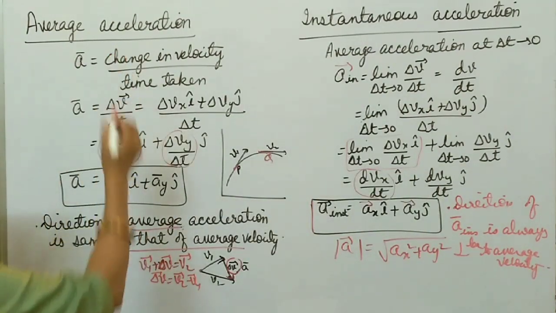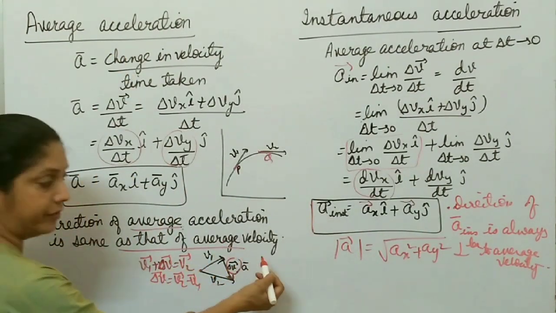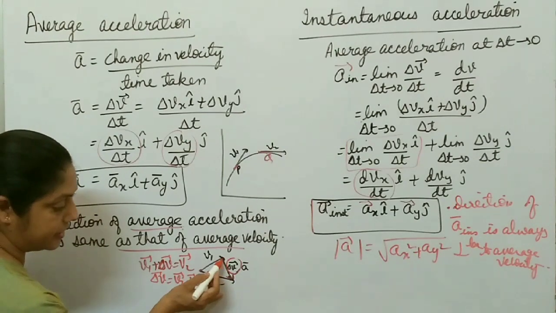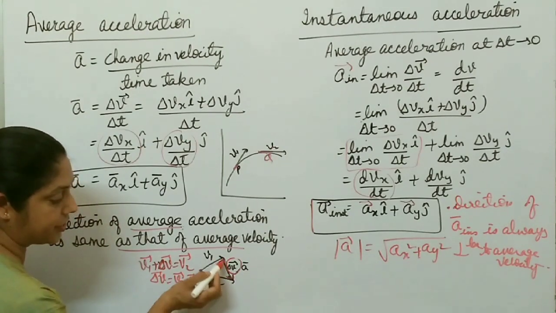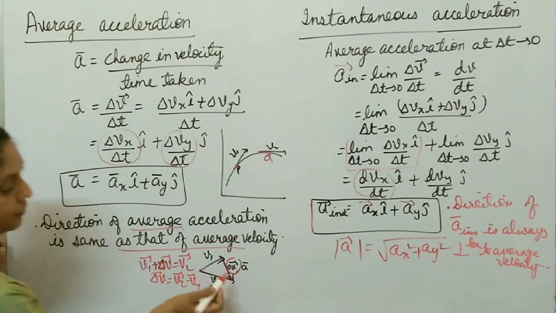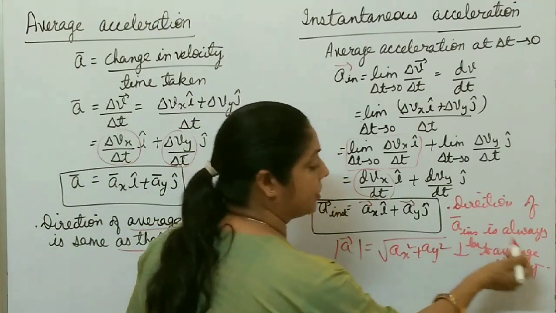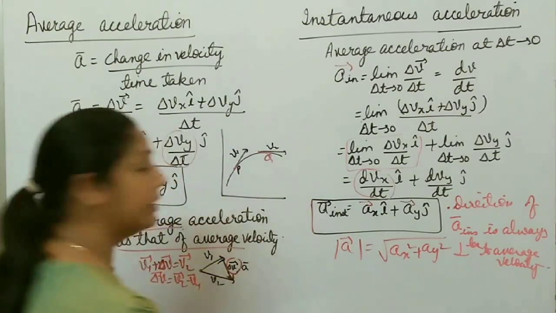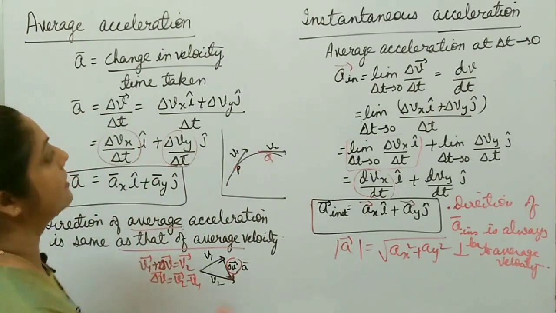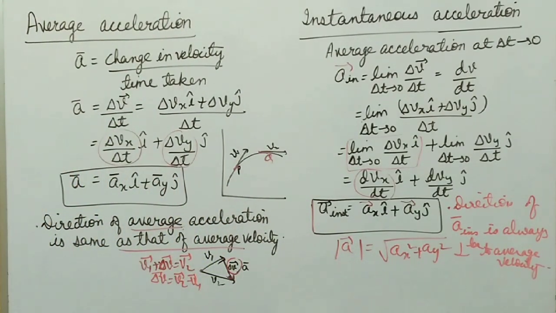Direction of average acceleration is the same as that of average velocity. This is the direction of average velocity and this is the direction of average acceleration also. But the direction of instantaneous acceleration is always perpendicular to average velocity. So these are about acceleration. Please take a screenshot. After this, we will discuss relative velocity in 2 dimensions.